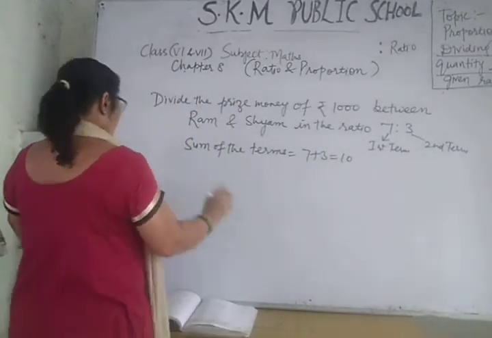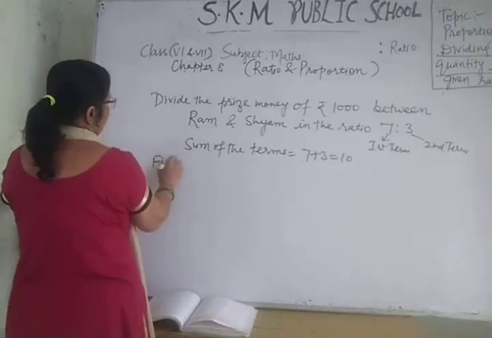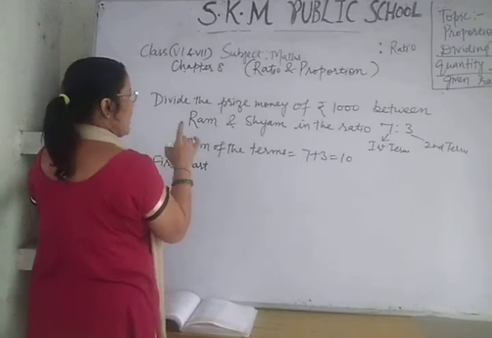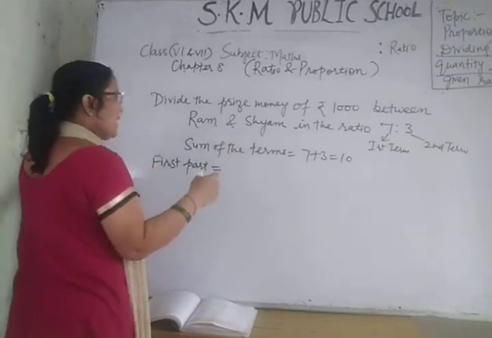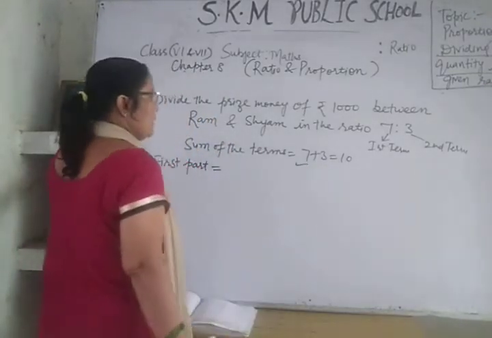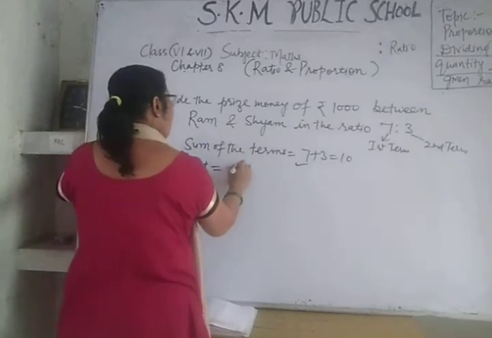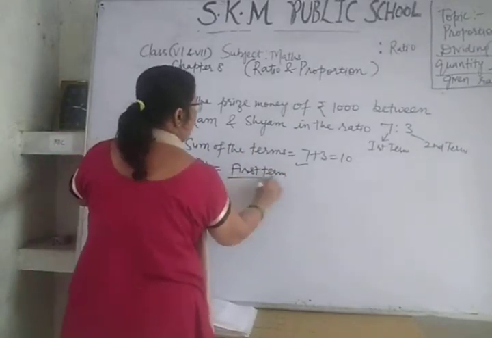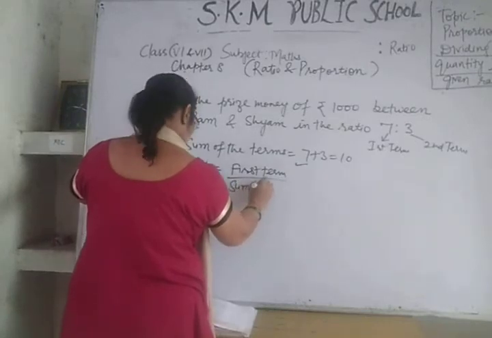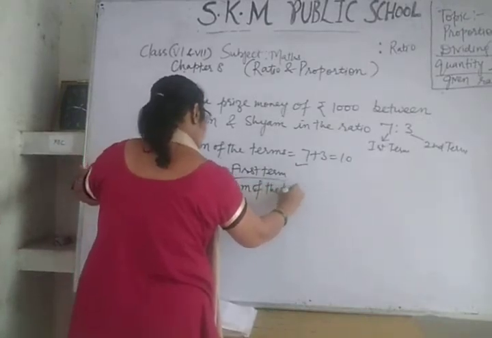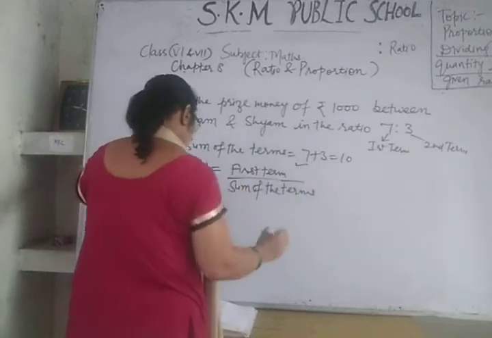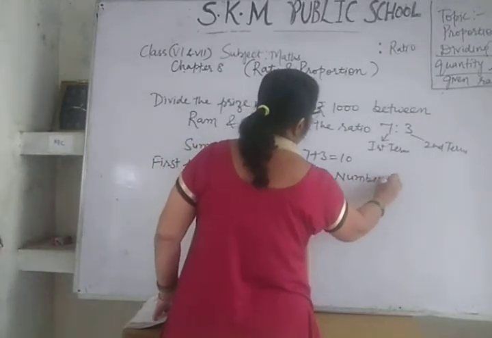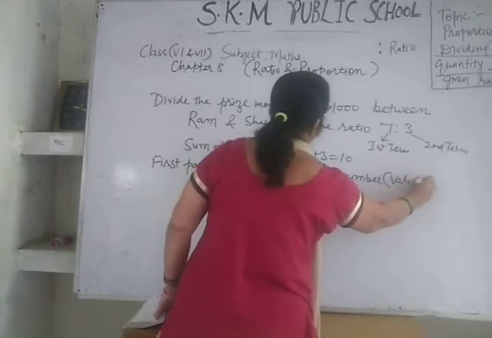And to get the first part, Ram's part, it will be the first term divided by the sum of the terms, into the number or value. What is the value?